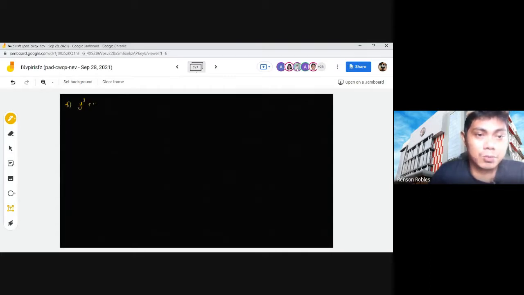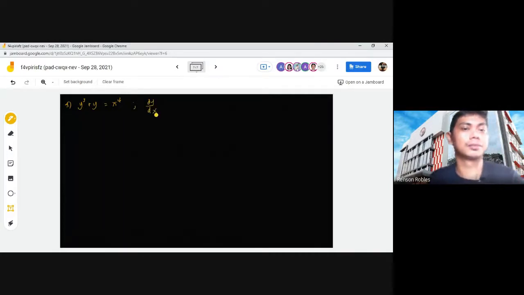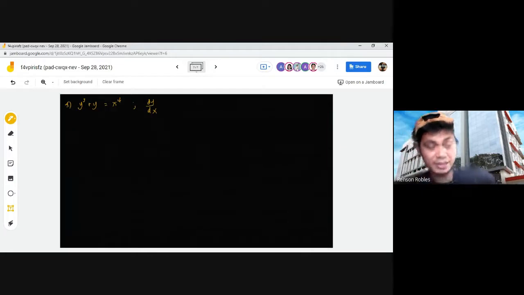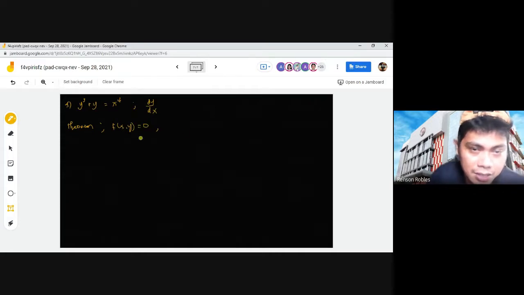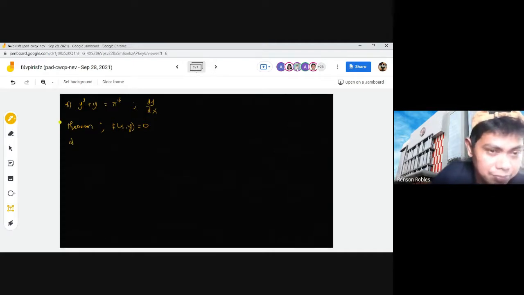Y cubed plus y equals x to the 4. Find dy dx. Okay. So you can use this theorem. Given the function f of x, y equals 0, then you can write dy dx of the form negative derivative of f in terms of x, all over the derivative of f in terms of y.